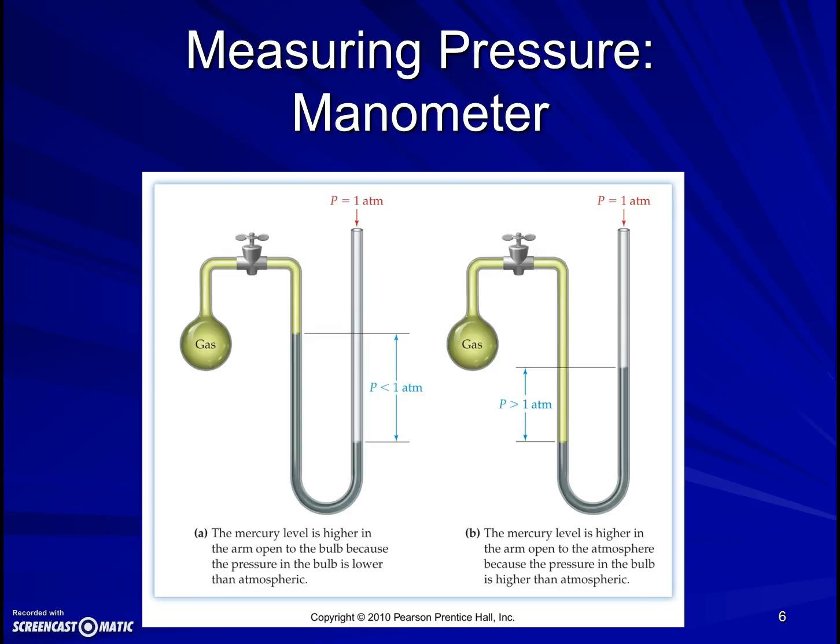A manometer works a little bit differently in that it's measuring something different. A manometer is something you might use, say, to measure pressure inside of a tire. Let's say this bulb is your tire and it's got a certain amount of pressure.